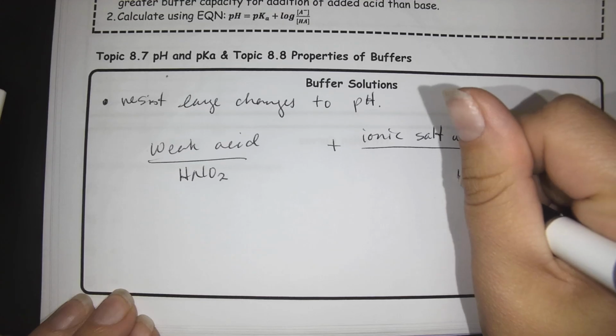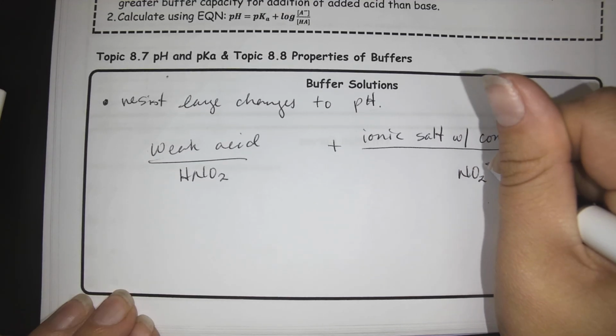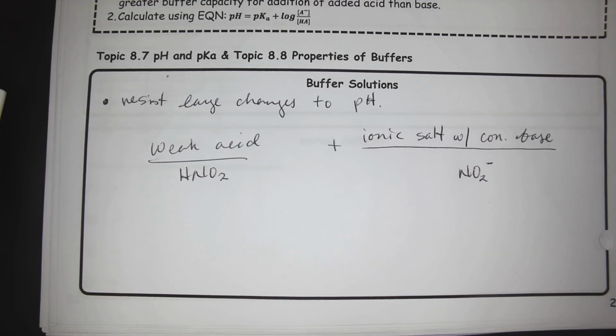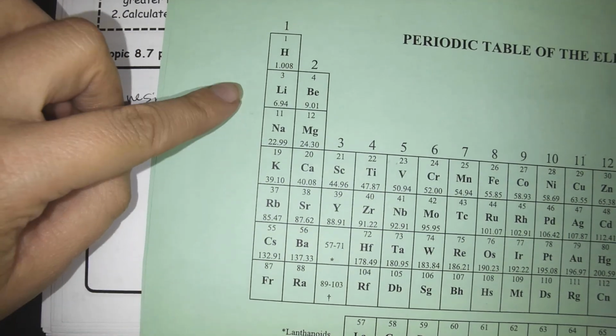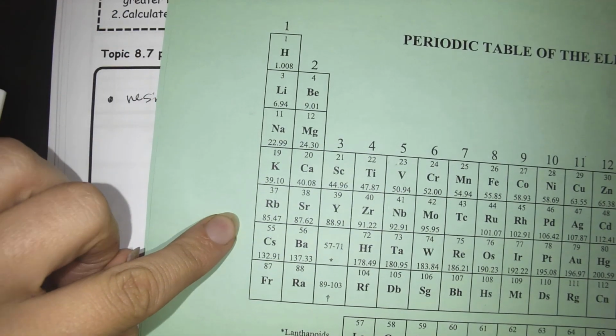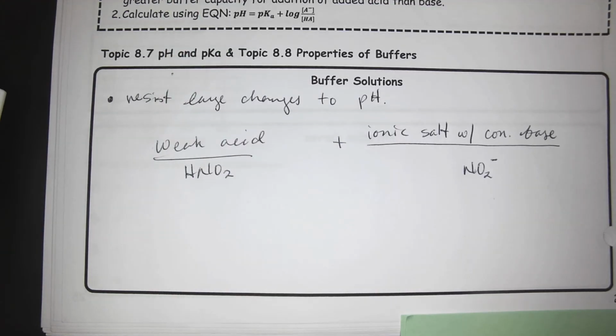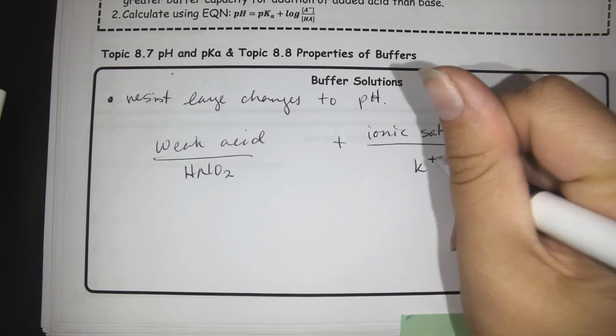So if we get NO2 minus, if that's part of an ionic compound, like if it's combined with anything from group 1, because all of these metals here, when they're an ion, they have a +1 charge. So we could have potassium, that's a +1.